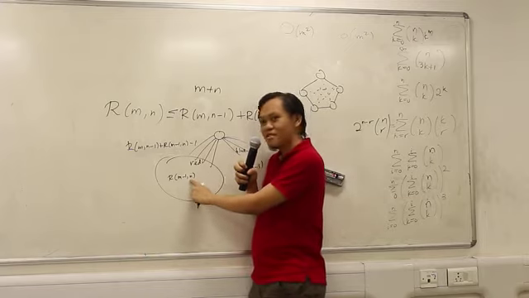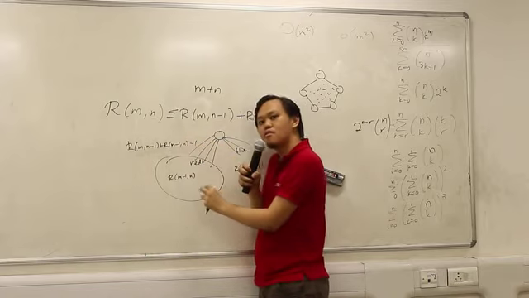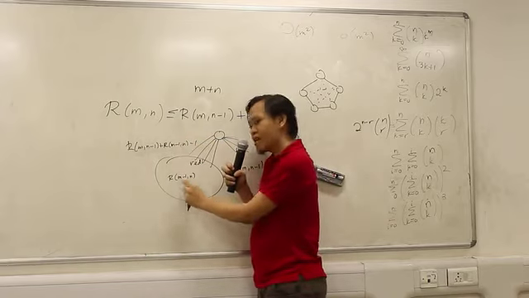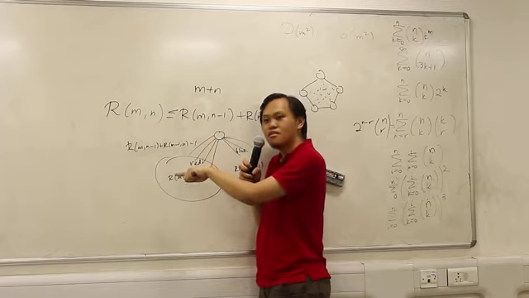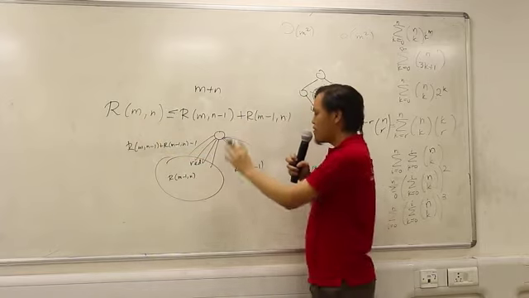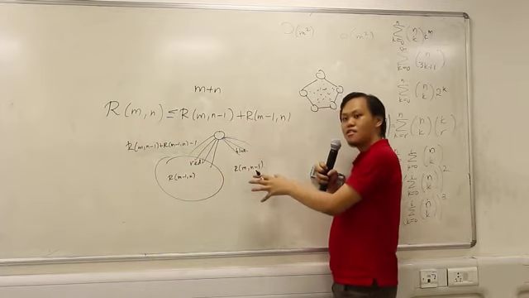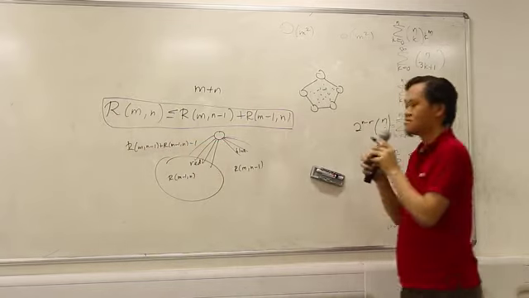If that's true, then the property holds. We have found a clique of size n of color blue. But if this is true, we have a smaller clique, but we can add this node because everything is red. So we have found a red clique of size m. And a very similar thing happens on the other case. Therefore, we have proven this inequality. Okay?